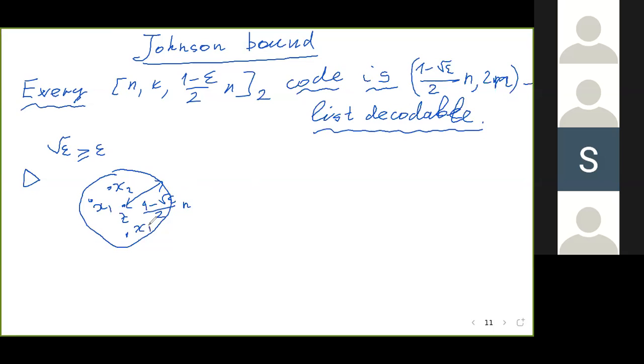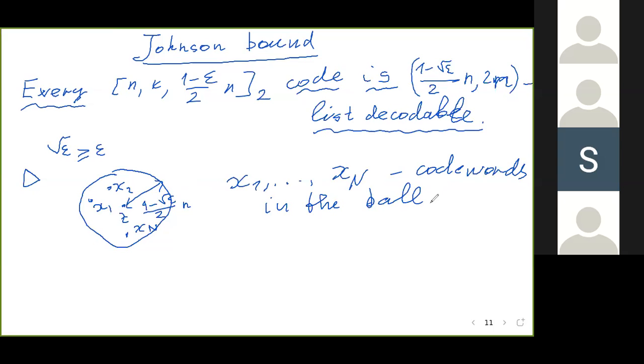So assume that these are code words in the ball. And we need to upper bound. We have to show that capital N is at most 2 times n.